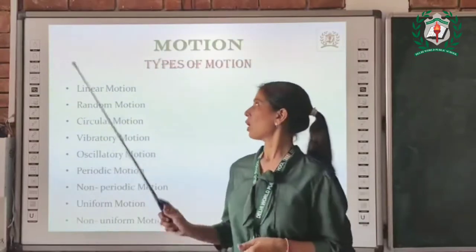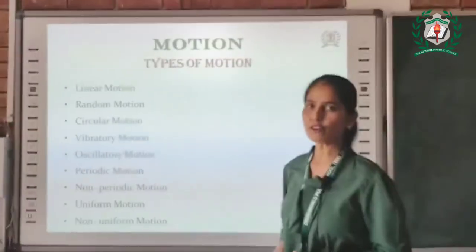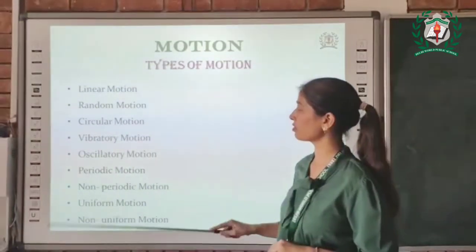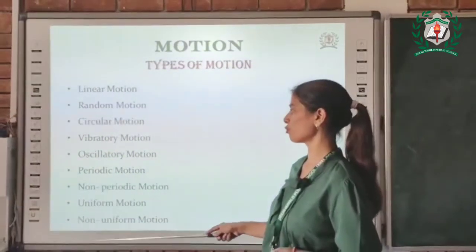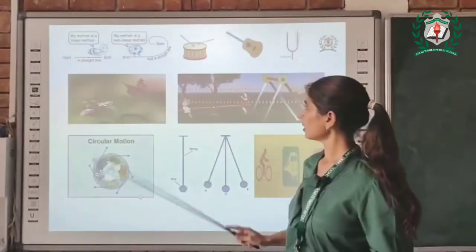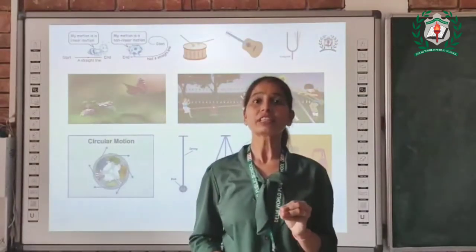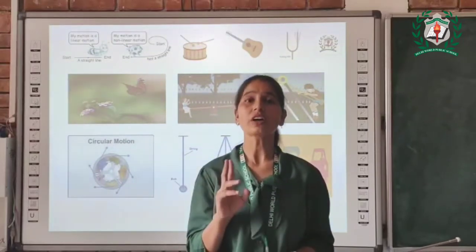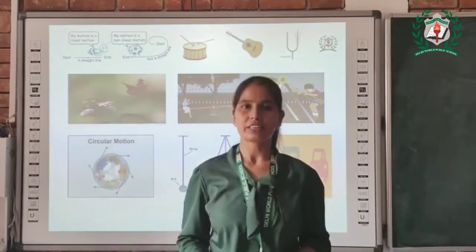Now we will discuss types of motion. These are some types of motion: linear motion, random motion, circular motion, vibratory motion, oscillatory motion, periodic motion, non-periodic motion, uniform motion and non-uniform motion. So what is linear motion? Linear motion is further classified into two categories: straight line motion or rectilinear motion, and the second type is curvilinear motion.